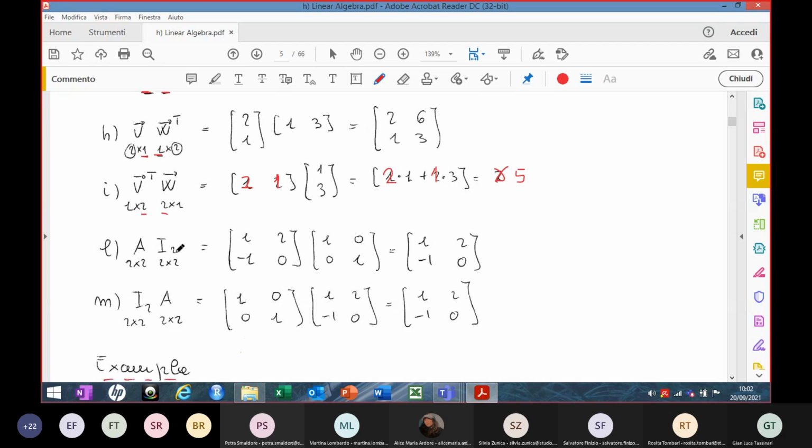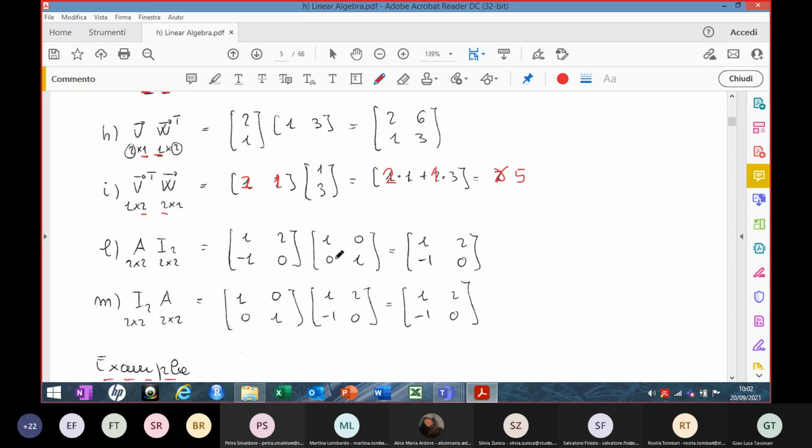So I repeat. Maybe I wrote it here so you can understand. This is the identity matrix. All the elements of the main diagonal are equal to 1, and all the elements outside the main diagonal are equal to 0.